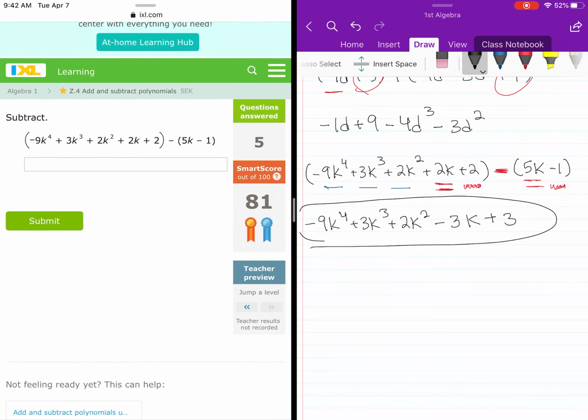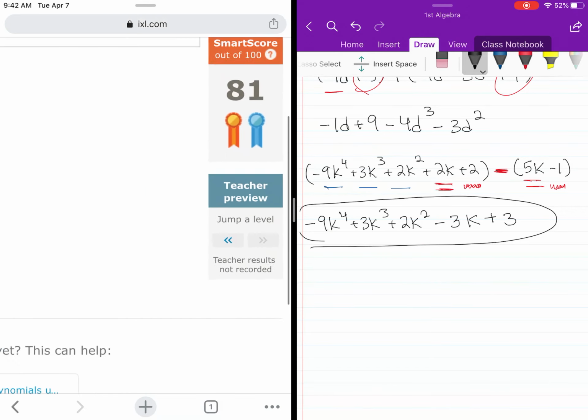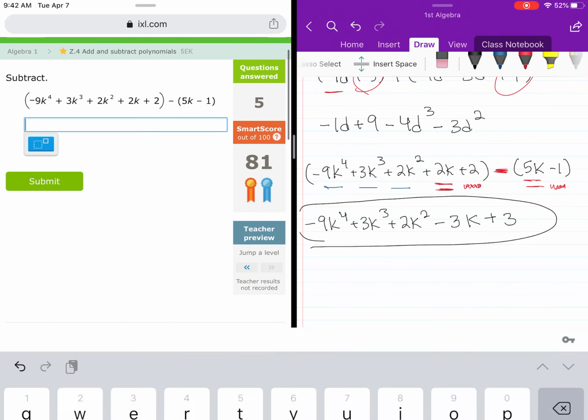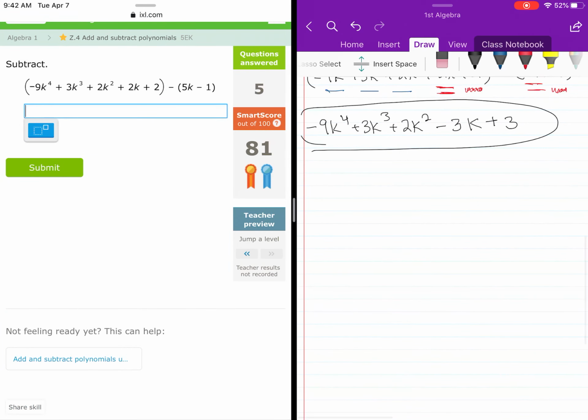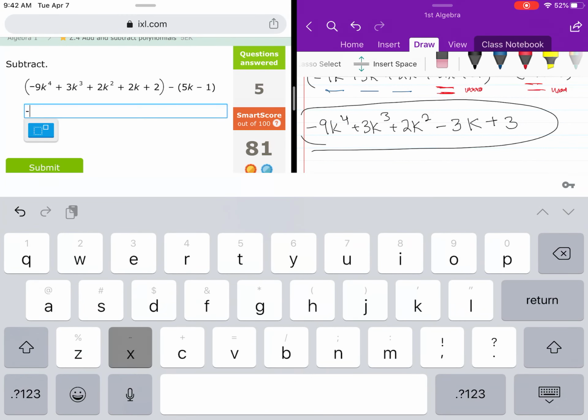Now if you notice on IXL, I can't jump up a level anymore. So what that means is this is the hardest type of question you will get. It will not get any harder than this. Let me go ahead and type that in. So negative 9k exponent 4.